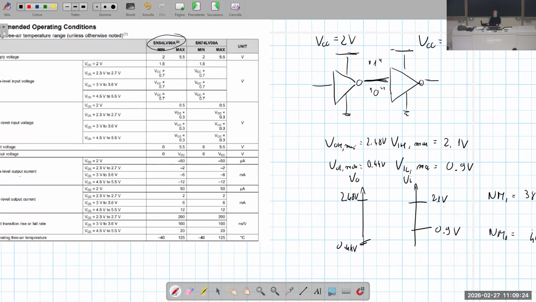Okay? This could be a practical case. You have a microprocessor on a board which is operated at 2-volt power supply. You want to take the signal from this microprocessor and connect it at the input of another digital device, which is operated at 5 volts. This is a very practical case which may happen. Let's see if this is possible or not.